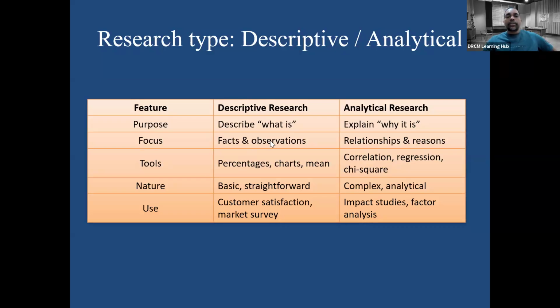Facts and observations come under descriptive research. Customer satisfaction, market surveys. Impact studies and factor analysis: how much impact is there? How much effect is there? If you are studying this type of way, you can mention it as analytical.